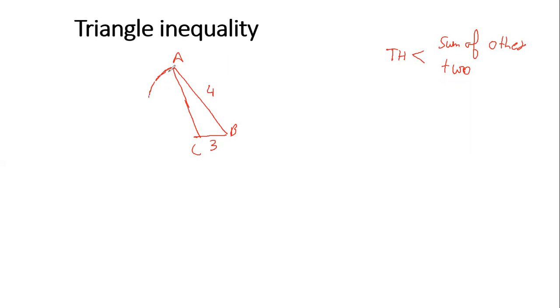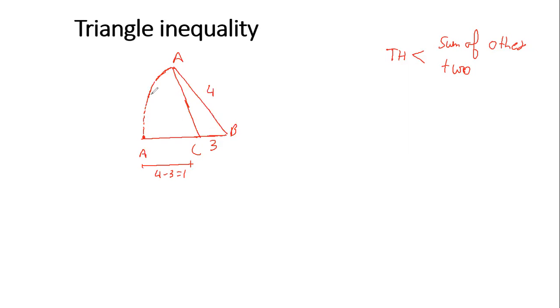do you acknowledge as this A goes down, this AC will start to shrink, and at one point in time A will come here. That means this AB will actually overlap this BC, and in that case the length of AC will be minimum, that is 4 minus 3, which is 1. But when it happens, it won't be a triangle.